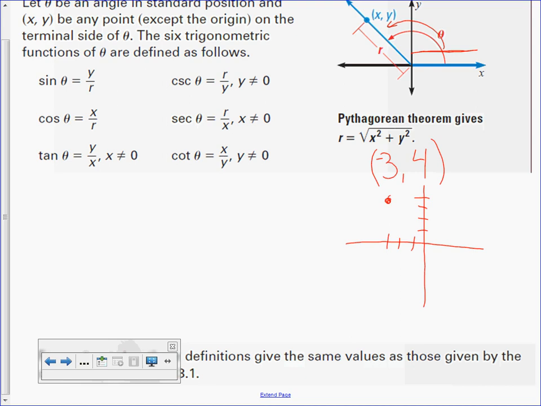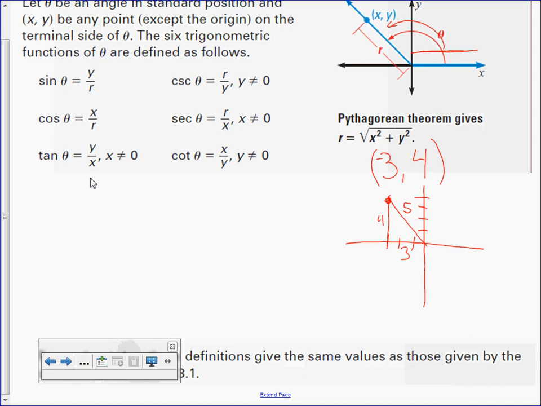We found that right triangle to be created. 3, 4, and the radius was 5. So given any ordered pair, you can find the radius, or hypotenuse for right now, and from that we can use the information and get every single trig function for that reference angle, for that theta. We may not know what theta is yet, but we can write out all the trig functions for it.